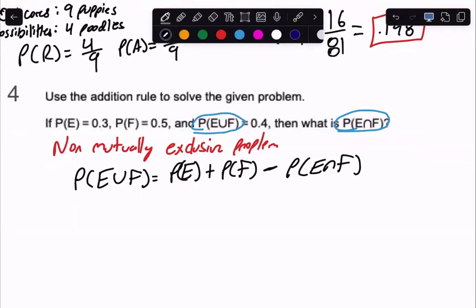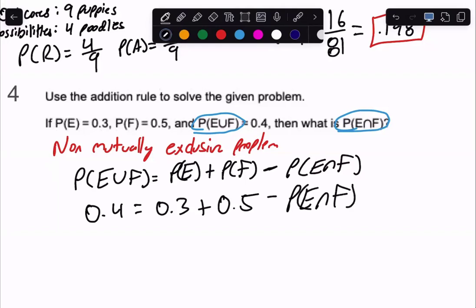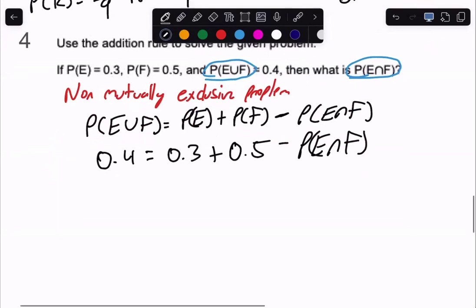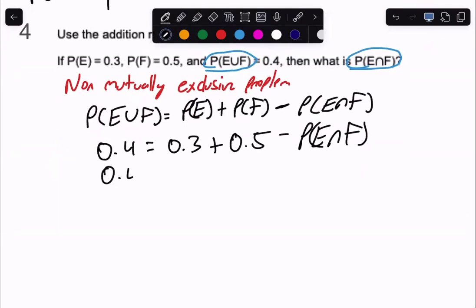Because the probability of E or F is 0.4, the probability of E is 0.3, the probability of F is 0.5 minus the probability of E and F. So that's what we're solving for, because that's the only thing we're not given. Everything else we're just given, and all we have to do is solve for the variable. So 0.4 equals 0.8 minus the probability.